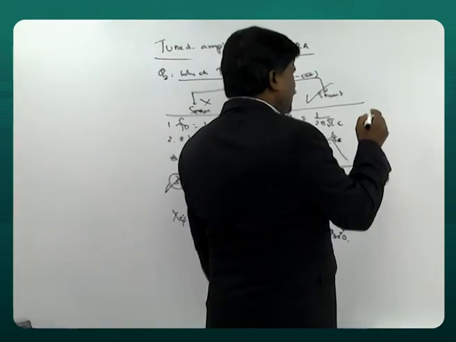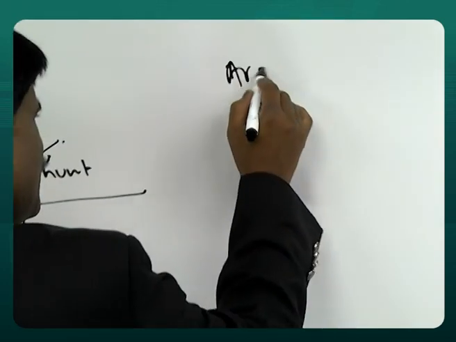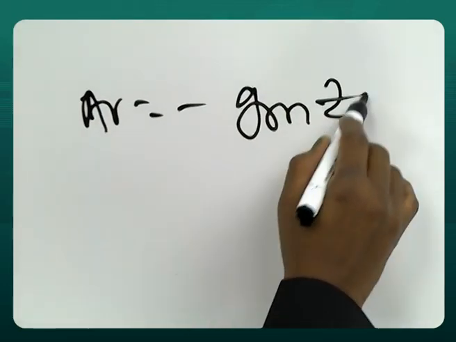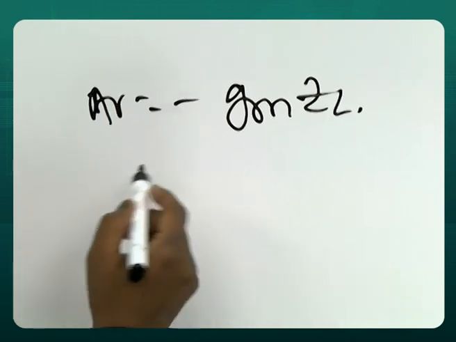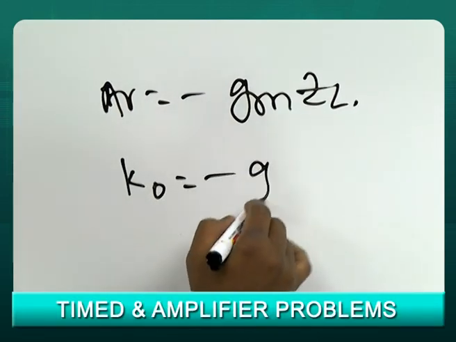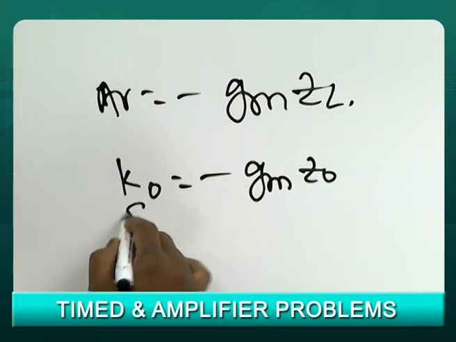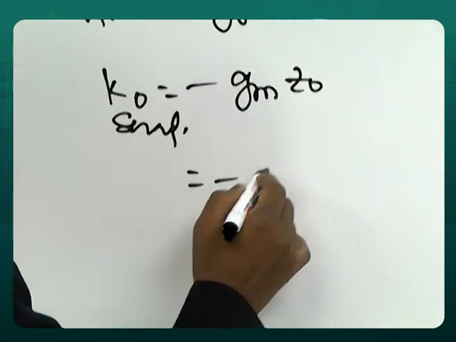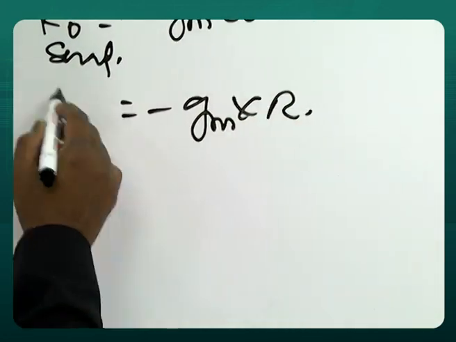Because when you talk about gain in general, minus GM ZL. In resonant circuits we say K0 is minus Gm Z0. This is series. Series means minus Gm into R, which is very small.